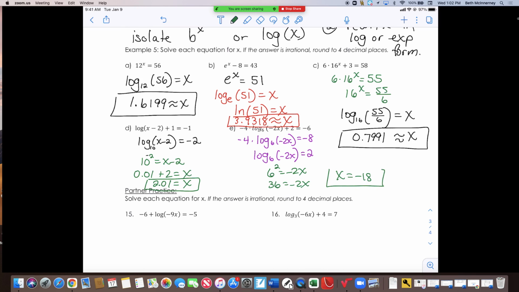And you should be getting x equals negative 18.